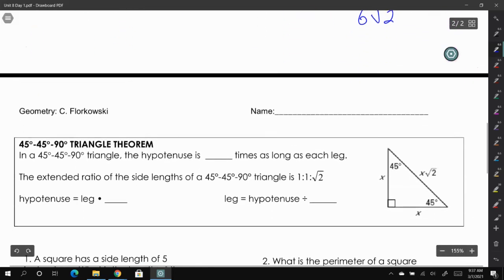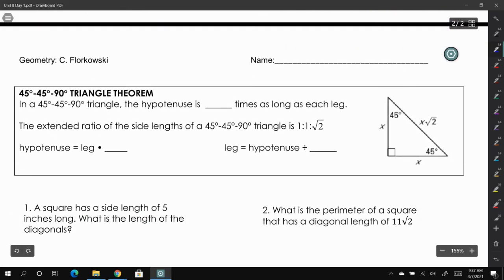Now on the next page here, we're going to summarize what is called the 45-45-90 triangle theorem. So if the angles in a triangle are 45, 45, and 90 degrees, that means the hypotenuse is the square root of 2 times the length of each leg. Or the extended ratio is 1 to 1 to the square root of 2.